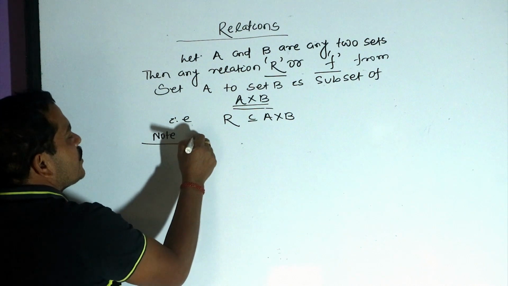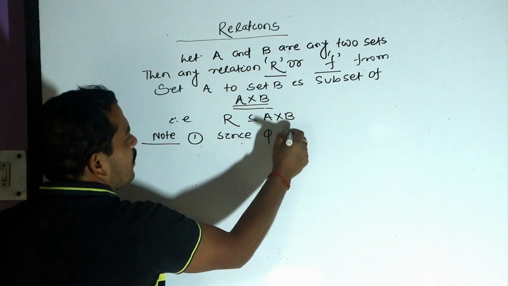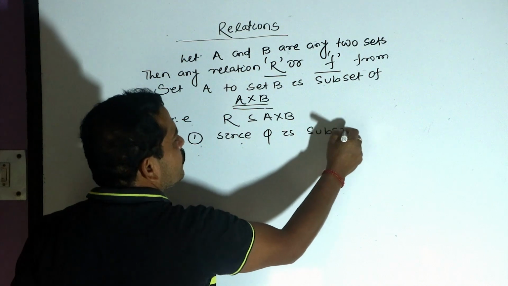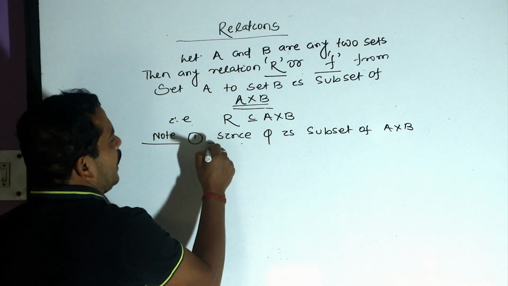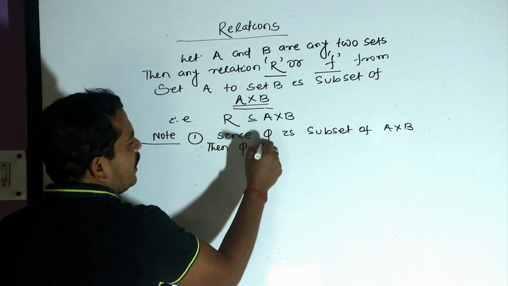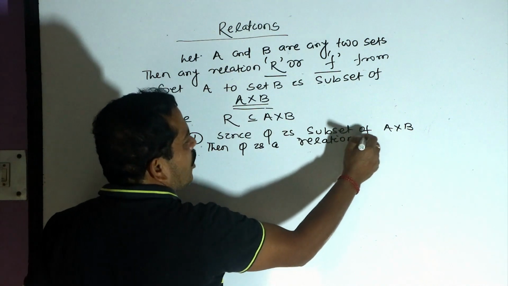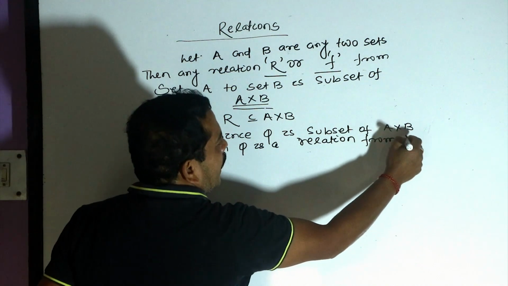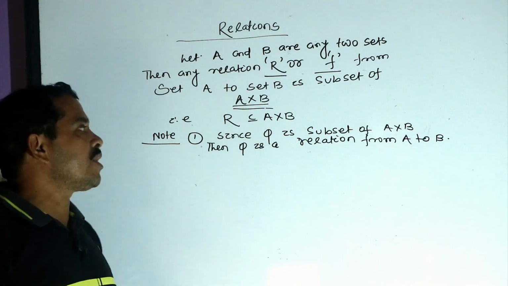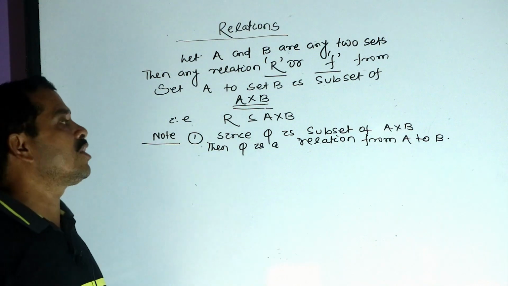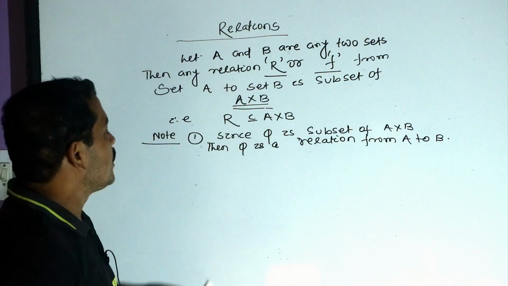Some important notes. Number 1. Since phi is a subset of A cross B, phi is a relation from A to B. We know that phi is a subset of any set, so phi is also a subset of A cross B. So phi is a relation on any set.